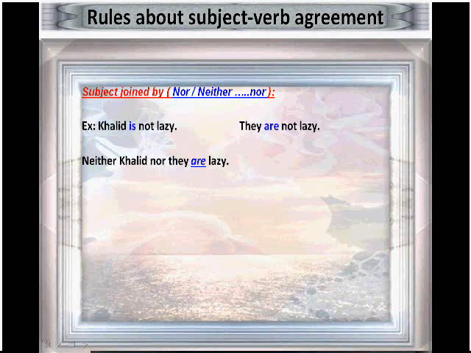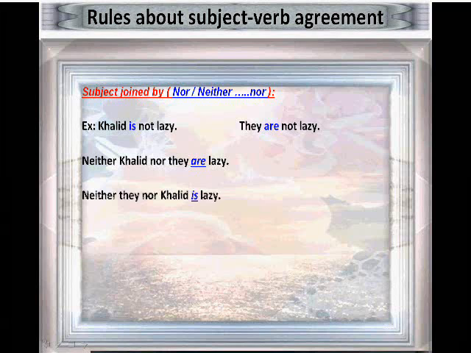So neither Khalid nor they are lazy, because are in this case is plural because it agreed with the nearest subject, which is they. Neither they nor Khalid is lazy. So again, Khalid here is the singular subject, and so the verb agreed with the nearest subject, which is singular, so it became is.